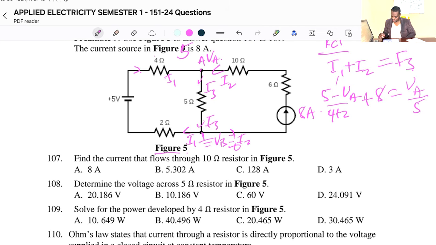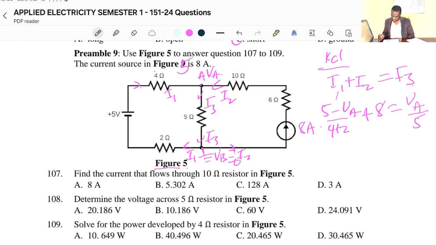So I have this. To solve this, I can multiply. Let me come here and simplify this. The 6 here, I can multiply those by 30. So 30 times 6, and 30 divided by 5 gives 6.